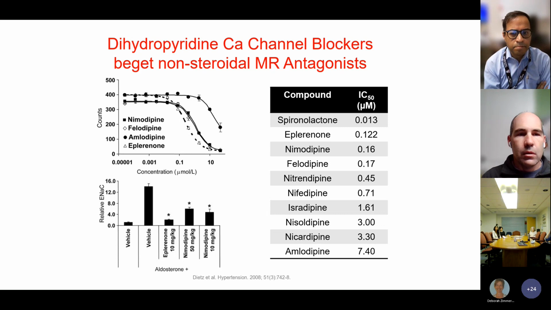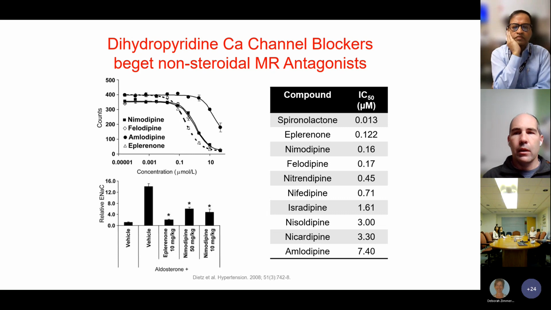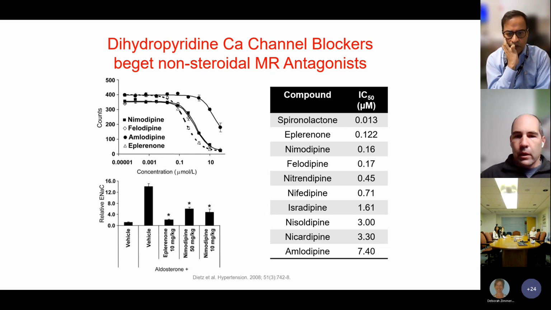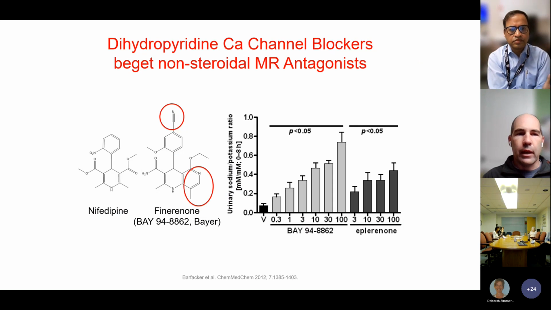You can see nimodipine and felodipine look like they're almost as good as eplerenone. Amlodipine is not quite as good, but it has some effect at really high dose. So they initially thought that was kind of an outlier, not really something that would be useful. But as they looked at some of these different compounds, nimodipine, felodipine, nifedipine, they did modify these compounds to increase the potency, and that's where we got to the non-steroidal MR antagonist.